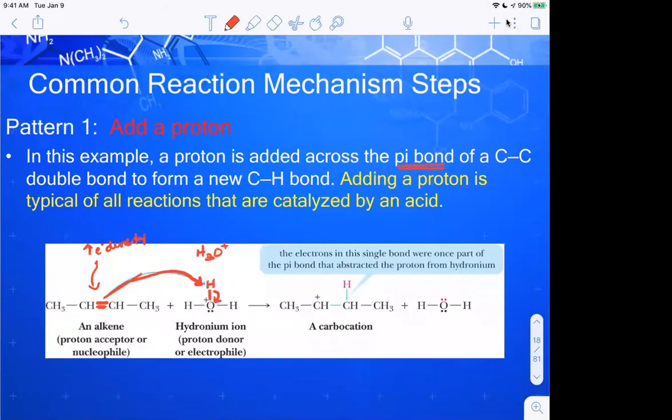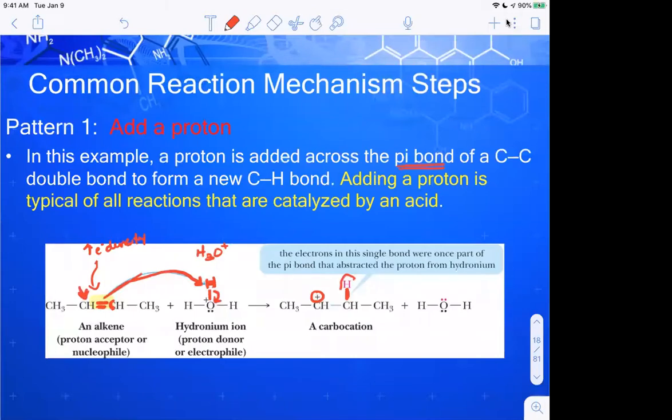So I form a new bond between this hydrogen and the carbon. This leaves a positive charge on this carbon because now one of those double bonds has broken. So now I have fewer electrons. I only have 3 groups bonded to the carbon because these electrons moved away from this carbon, and the bond is between this carbon and this hydrogen here.